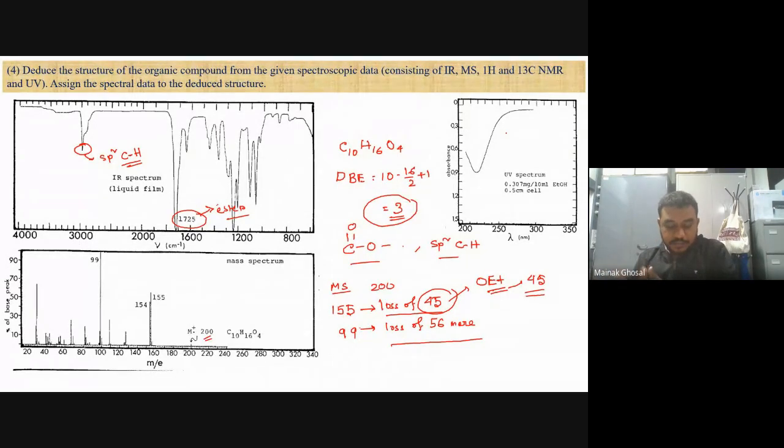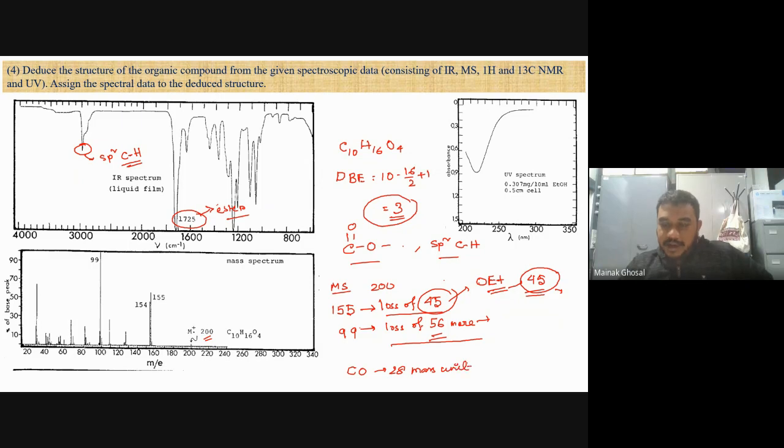Okay. Now coming to the next point. You have seen a loss of 45 here. Now you have to prove the loss of 56. I guess that if you lose OEt, you lose 45, and if ester functionality is present, which is nothing but COOEt, then if you lose OEt, you will be left with CO. And how much is CO? CO is 28 mass units, right?